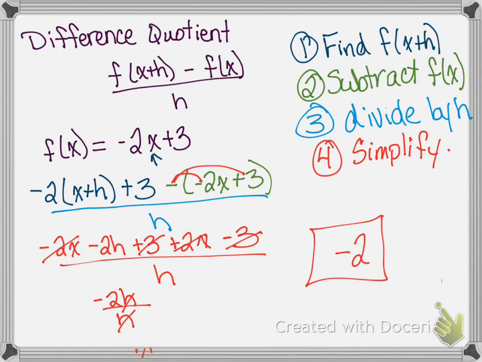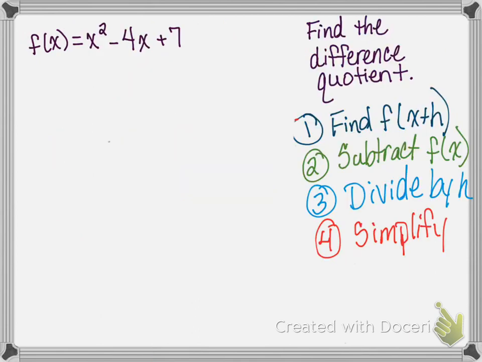So let's do one that's nonlinear. We're going to follow the exact same process. This isn't linear. This is quadratic. So we're going to find the difference quotient for this quadratic. The first thing I'm going to do is find f of x plus h. And I'm going to keep that in blue, just so we can keep everything separate.